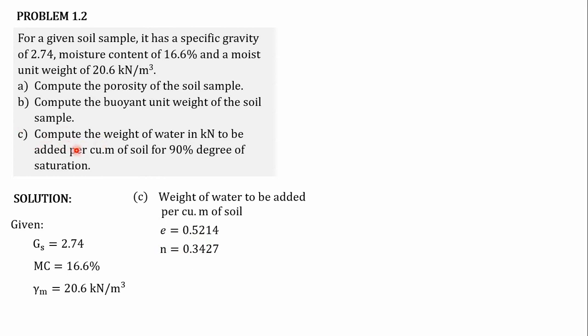Okay? So, may dalawang solution ako dito. Ang unang solution isi-show ko is analysis per analysis basis. No? So, ito yung gawin natin. Okay, so para alam natin, 'di ba yung question niya is compute the weight of water in kilonewton to be added per cubic meter of soil sample for 90% degree of saturation.